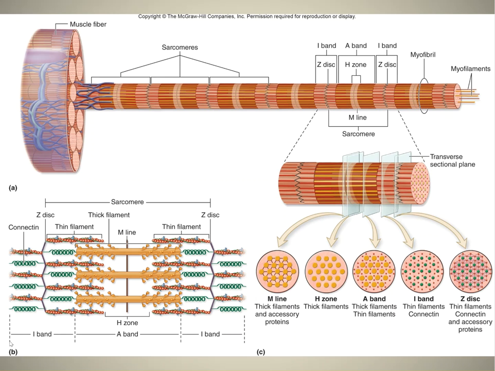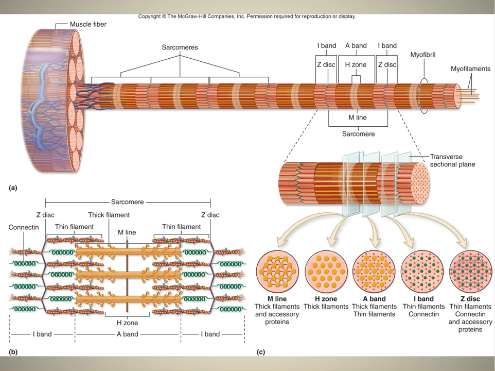There are bands, an I band interspersed with A bands, and that's what really makes up the striations, and there's an H zone in the middle. At the M line in the very middle, you can see just myosin, and the myosin are connected to each other by accessory proteins. The H zone is just thick filaments.